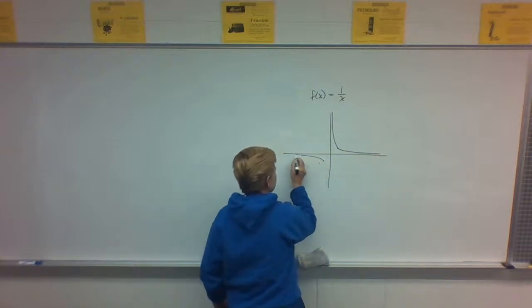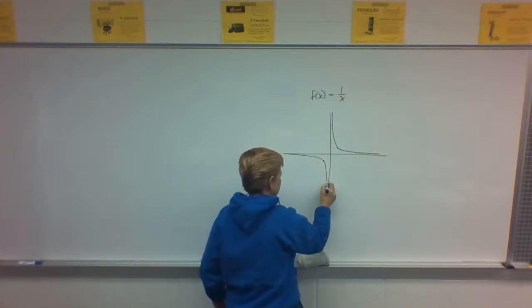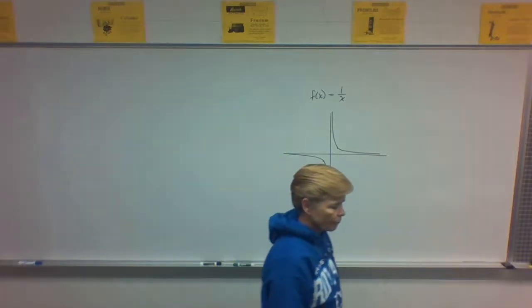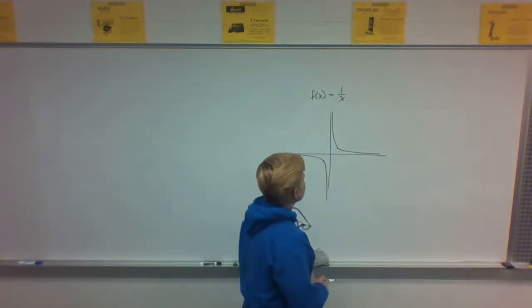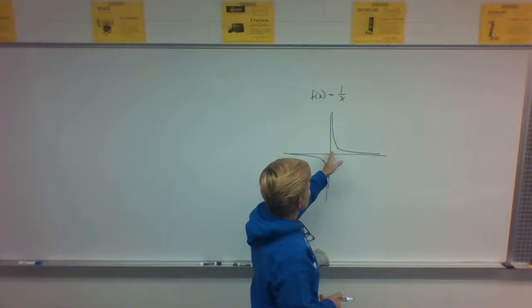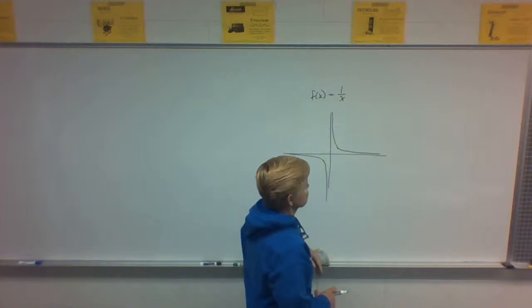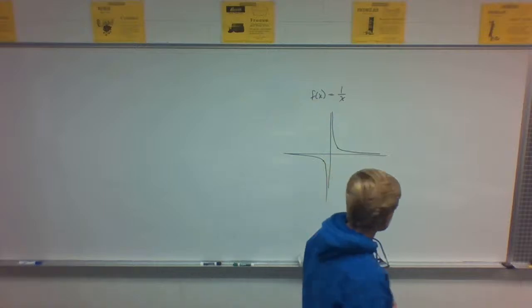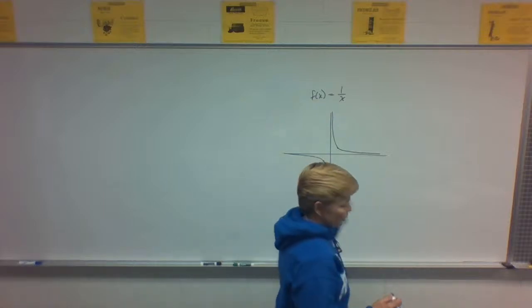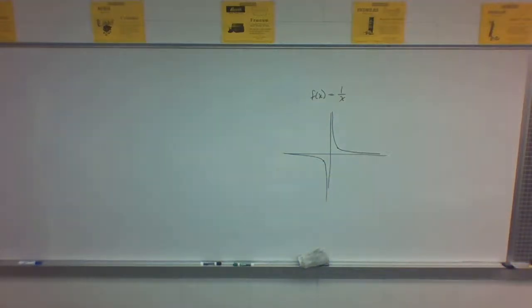You can graph it on your calculator if you want, but that's what you're going to get. The domain restricts x equals 0, and the range restricts y equals 0. It's the only places on the graph where it never hits. So there are no x or y intercepts on it, just to note.